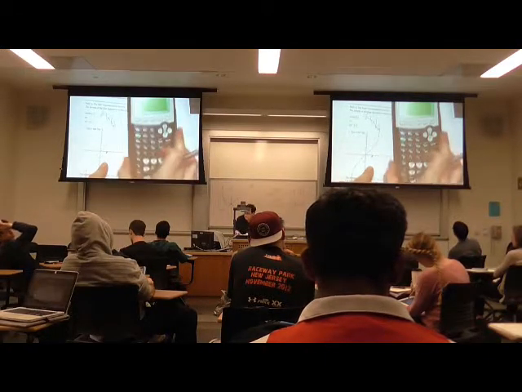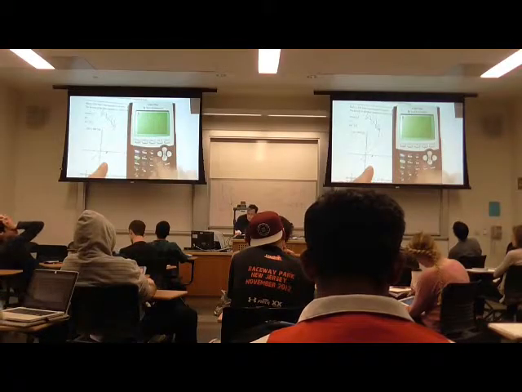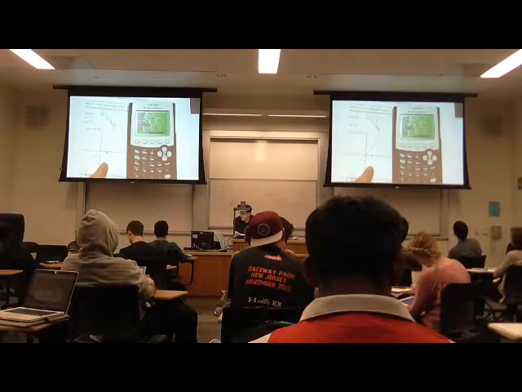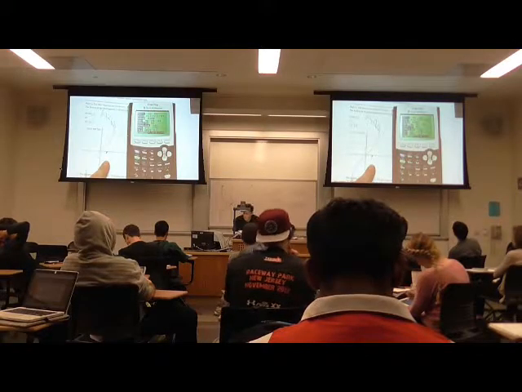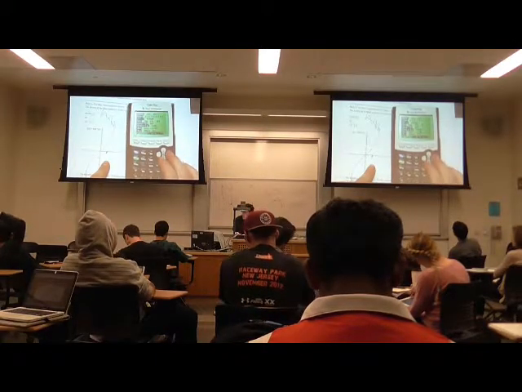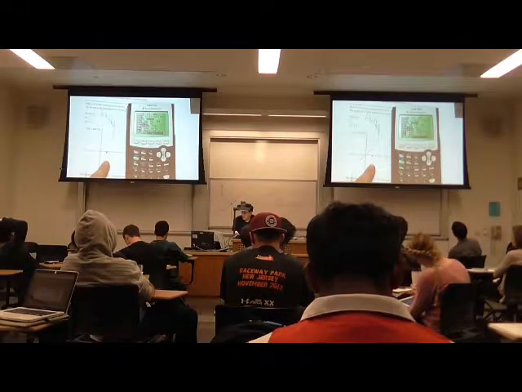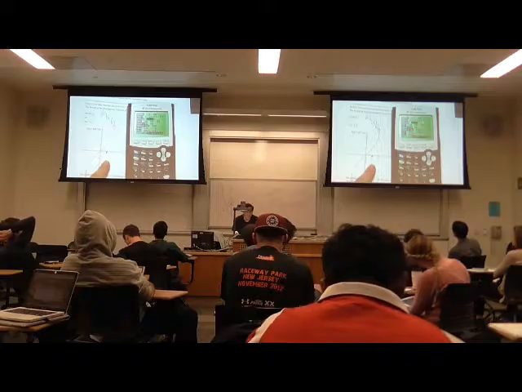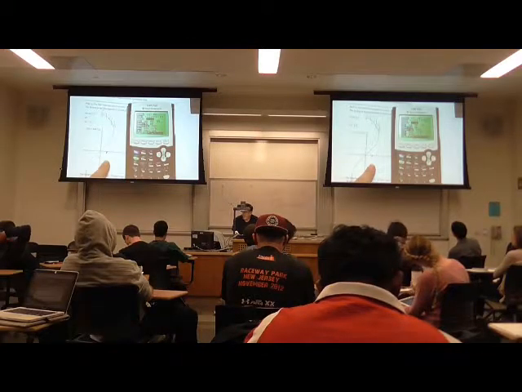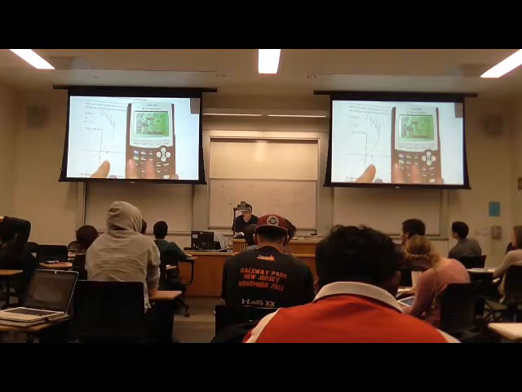All right. So first thing we want to do is check our mode. Actually, we can do it either way. Let's do it in degrees. Note that when you're doing sine, cosine, and tangent, this choice has to do with the input.